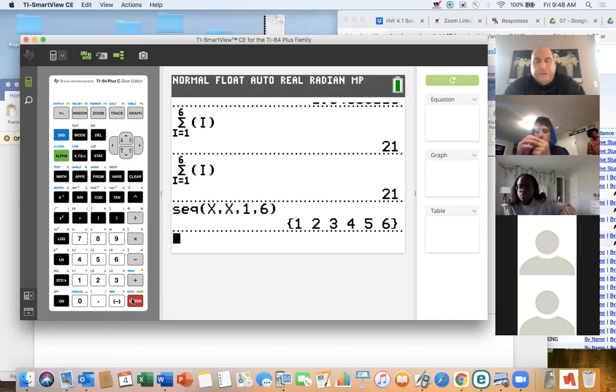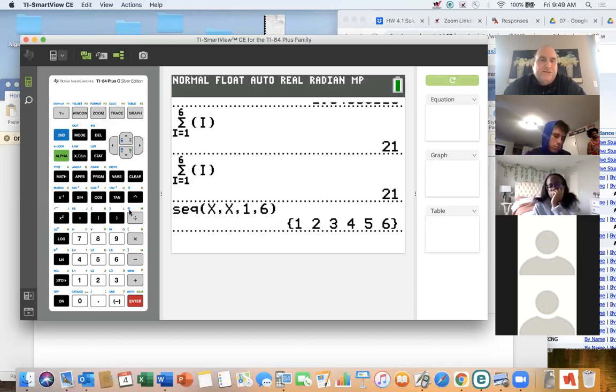what you could do is the first entry in the sequence feature is your formula. The second is the variable. So my formula was I. The variable is I, start and stop, and it generates this.